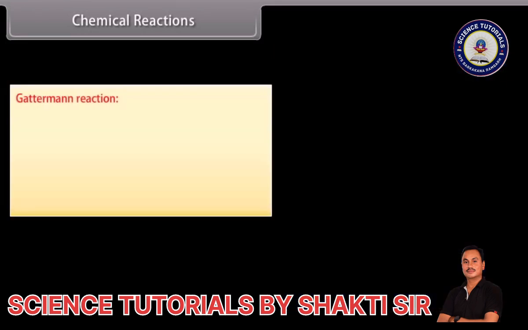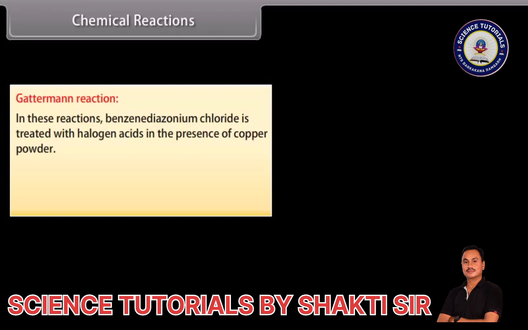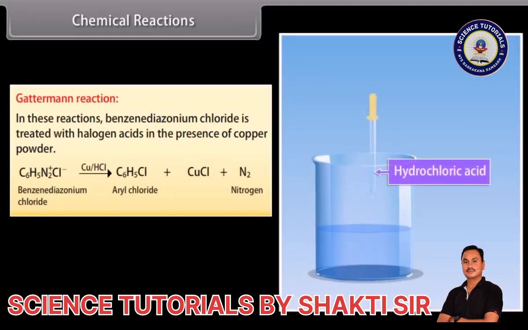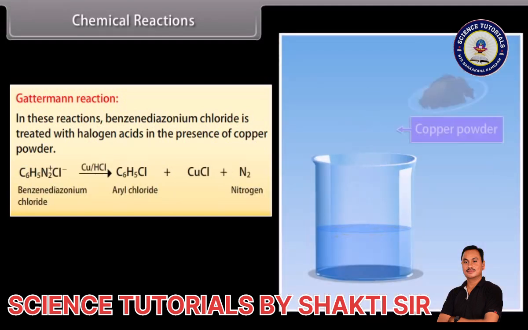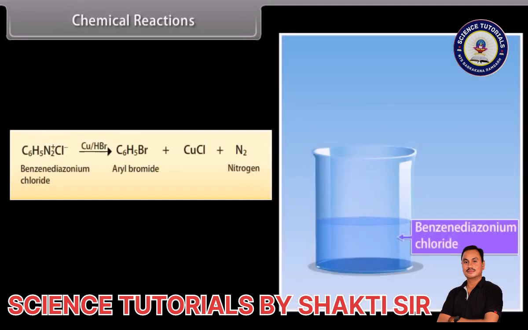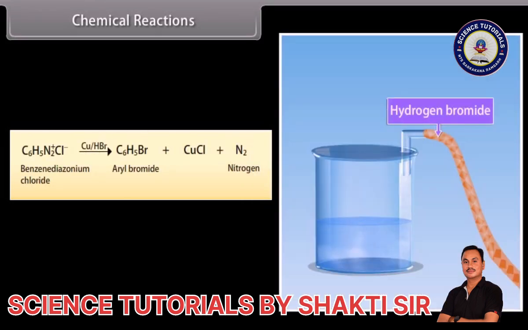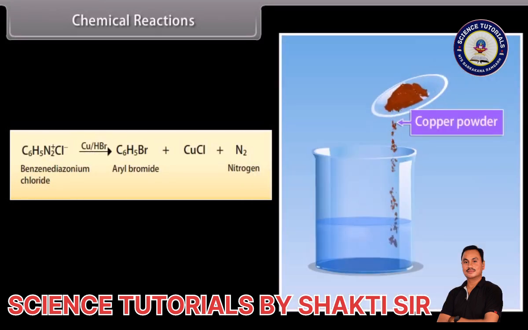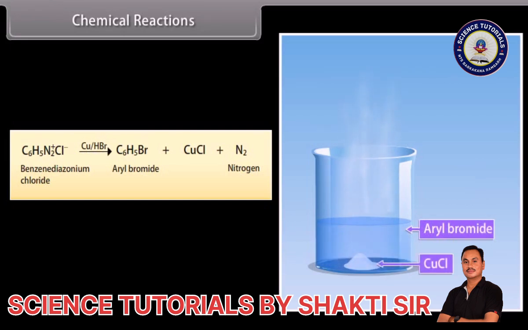Gattermann reaction. In these reactions, benzene diazonium chloride is treated with halogen acids in the presence of copper powder. Benzene diazonium chloride reacts with hydrochloric acid and copper powder to yield aryl chloride, and with hydrogen bromide and copper powder to yield aryl bromide, liberating nitrogen gas.